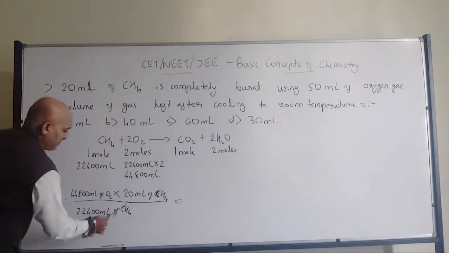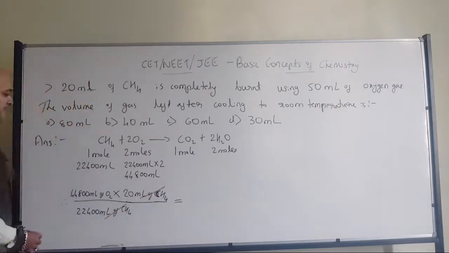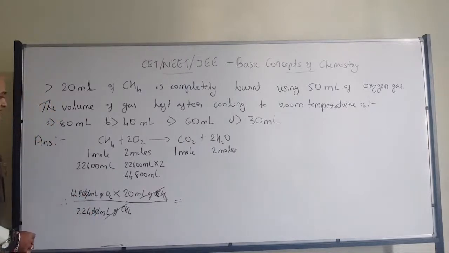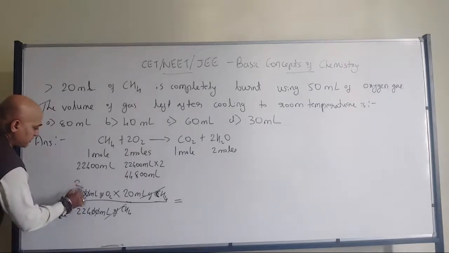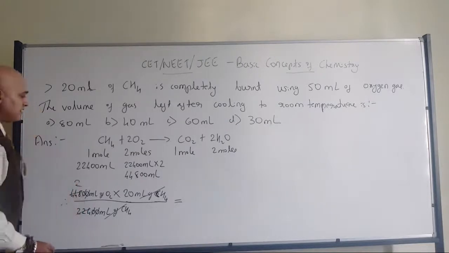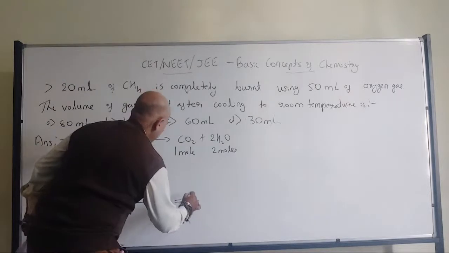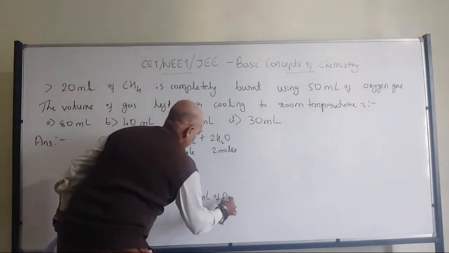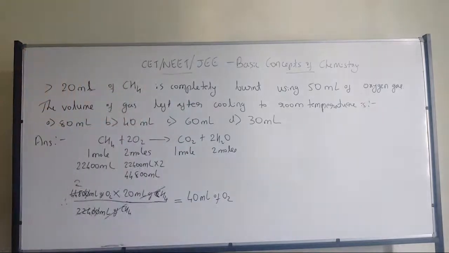Now ml of methane will get cancelled. Now 0 will get cancelled. Now naturally it will be 2 because it is double now. So it will be 40 ml of oxygen. We require 40 ml of oxygen.